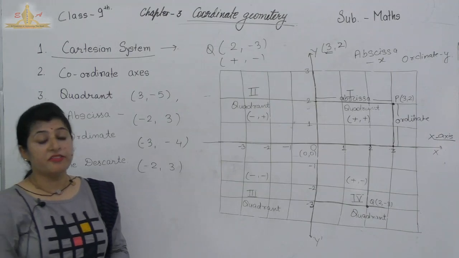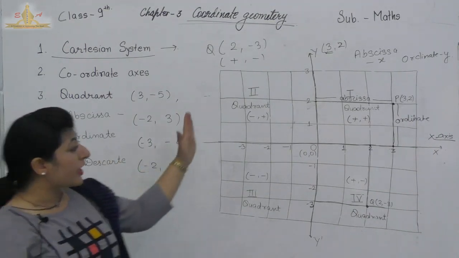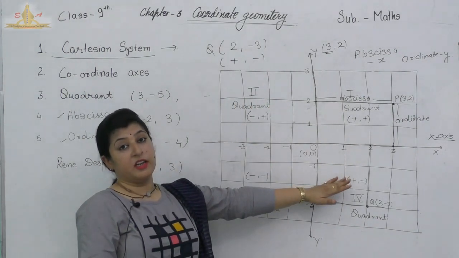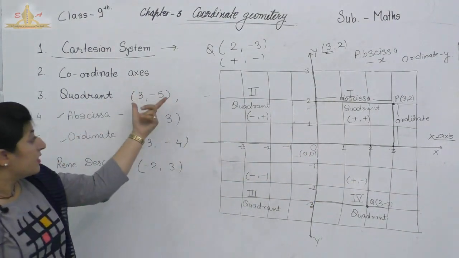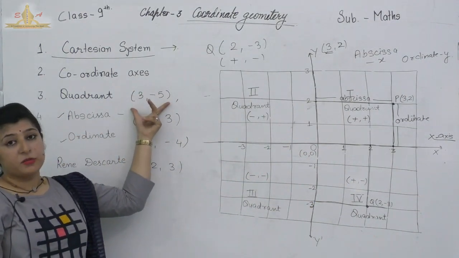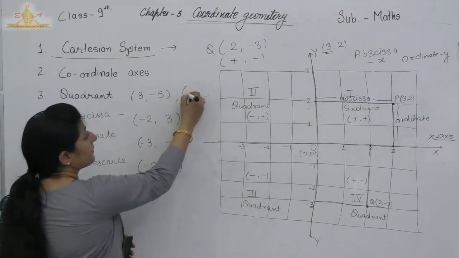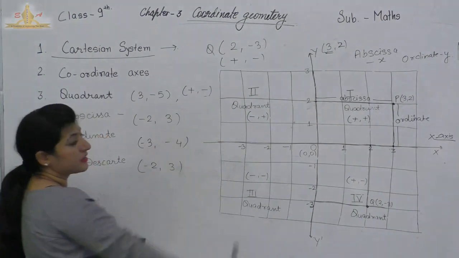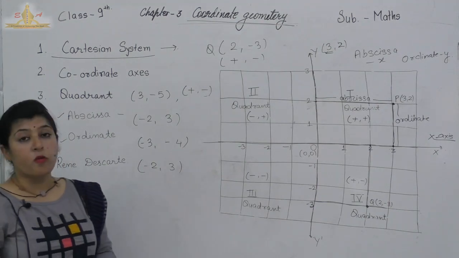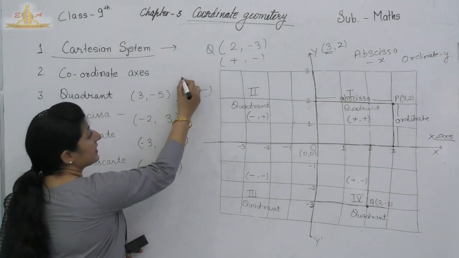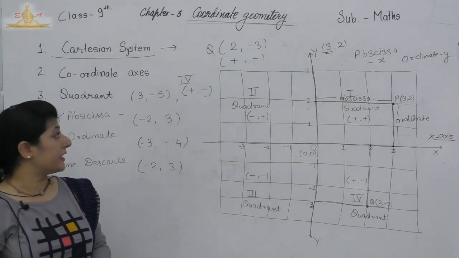We can define it by the sign convention. There is no need to show it again and again on the Cartesian coordinate system, we can give the answer directly from the sign convention. For (3, minus 5), it is plus comma minus. Which quadrant sign convention is it? That is the fourth quadrant. It means this point lies in the fourth quadrant.